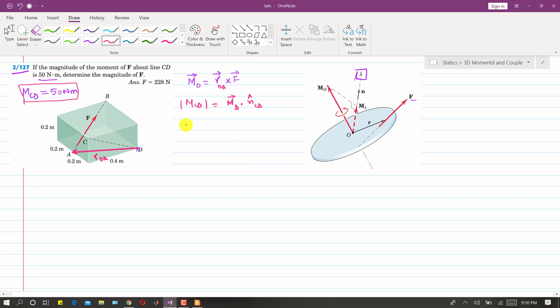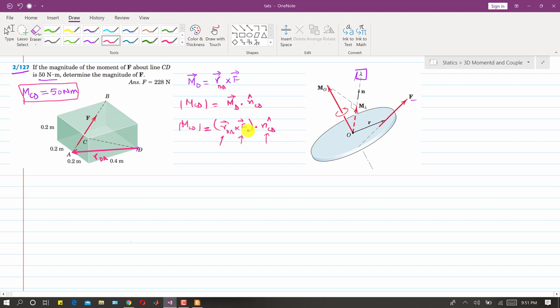So we can combine this like this. MCD will be equal to RDA cross F, and this is the cross part, so I will write it like this, dot NCD, right? So we will find this vector, we will find the force vector, and we will find this unit vector, and then we will apply the scalar triple product determinant method, and we will be able to find that force F.